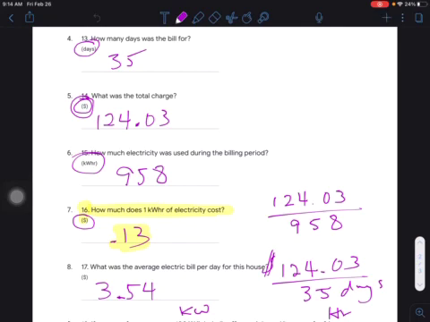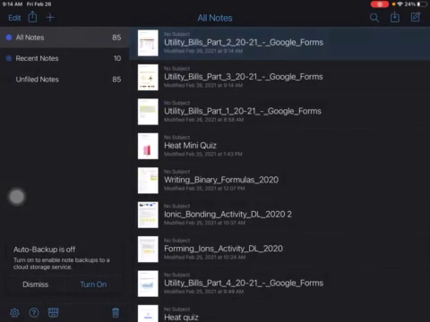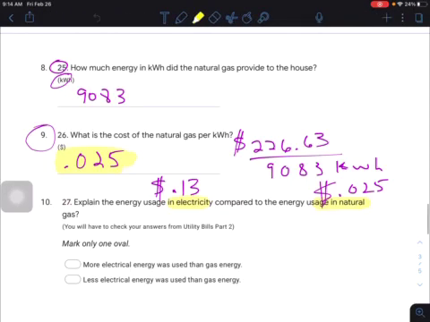How much electric energy was used? 958. So this is what we're comparing, not the cost, but how much was used. So 958 kilowatt hours was used for the electricity, and 9,083 was used for the natural gas. So less electric energy was used than natural gas.